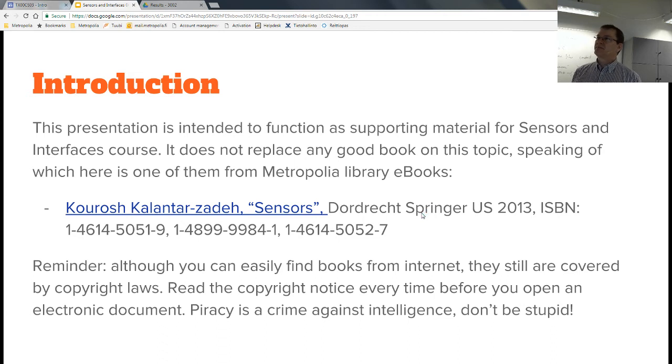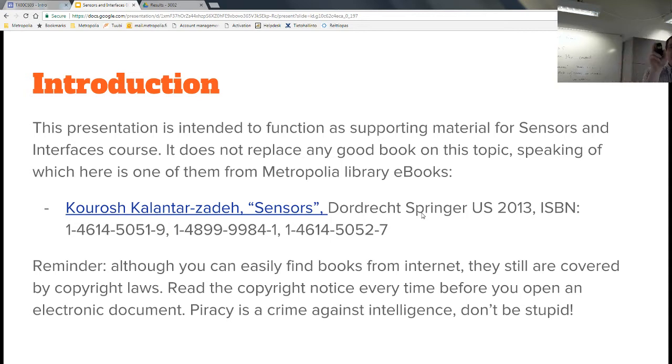So, there is some good supporting material available. That's not the only one. If you go to the e-library and take a look at how many books there are on the topic of sensors, you will find hundreds of them.